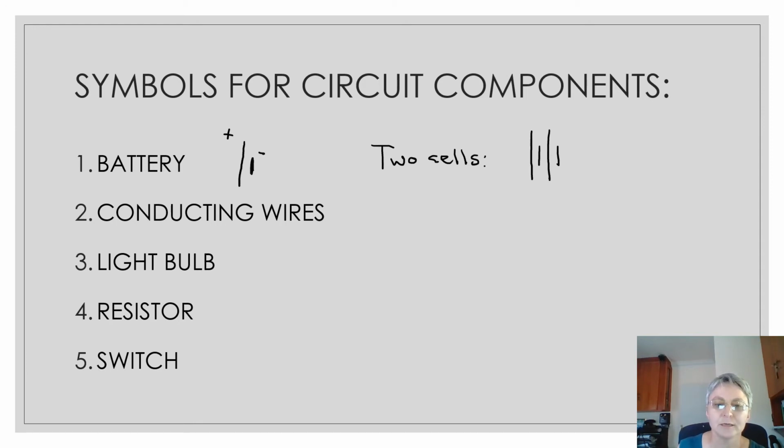What we use for conducting wires are just lines, straight lines preferably. Then the symbol for a light bulb is a circle with an L, or you could use a circle with a cross. Both these ways are accepted for a light bulb. A light bulb is a resistor, but you get other resistors as well. And what we use for a resistor is a rectangle like that.